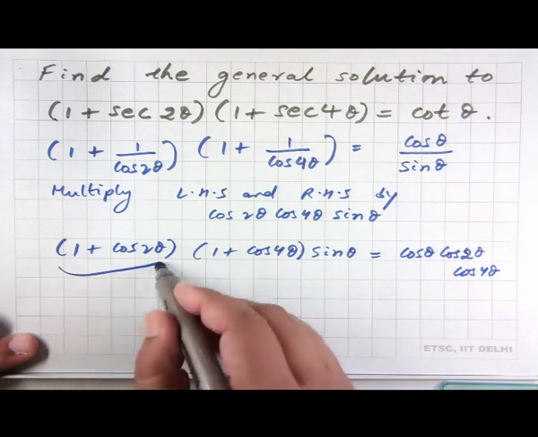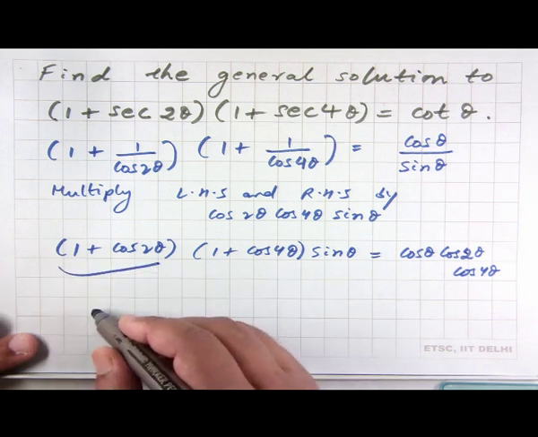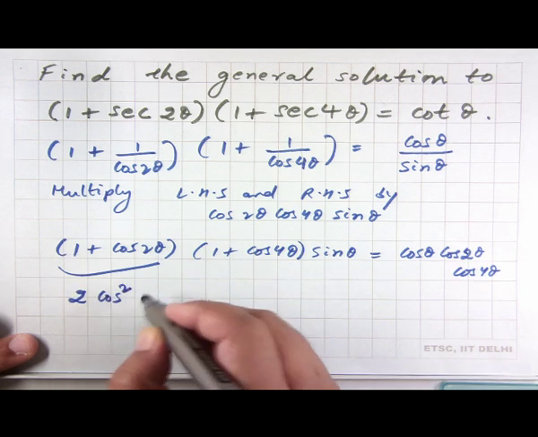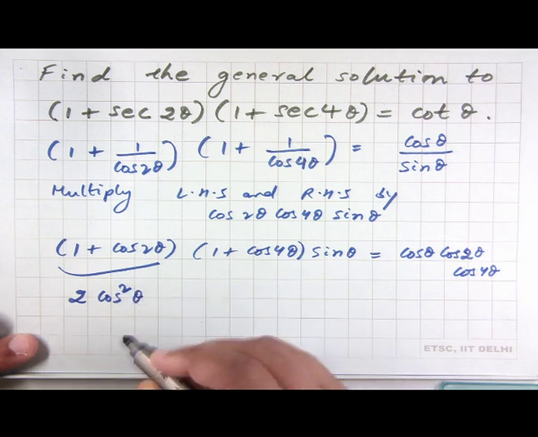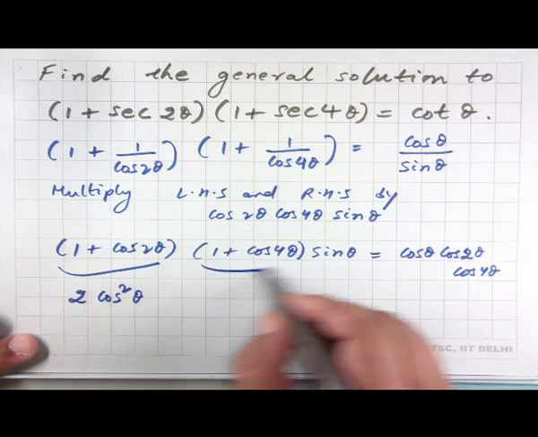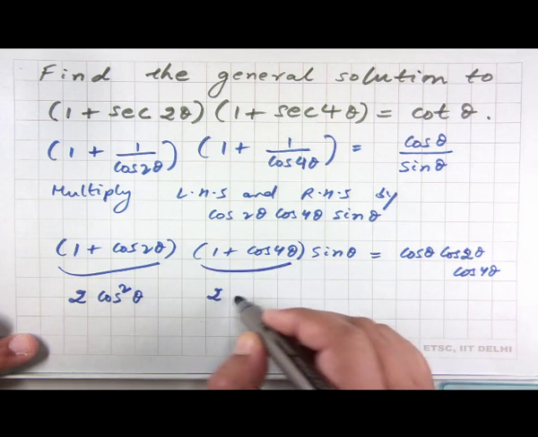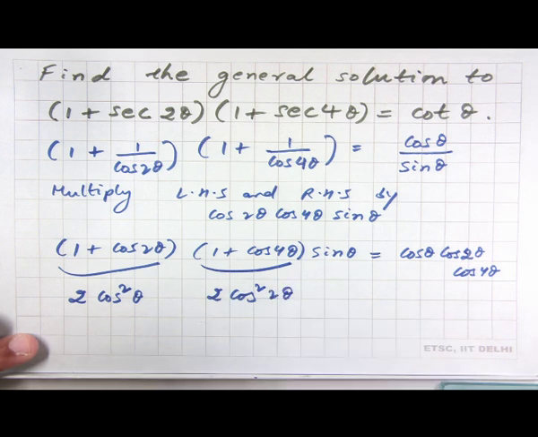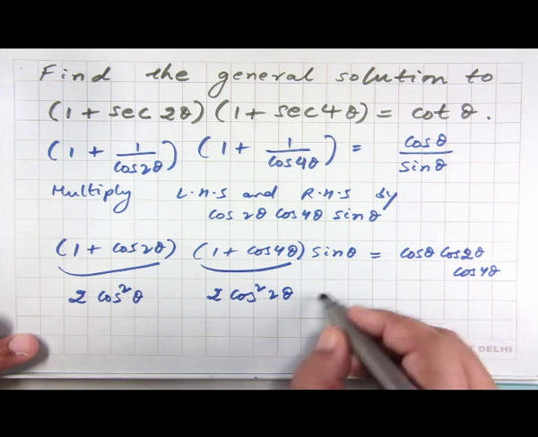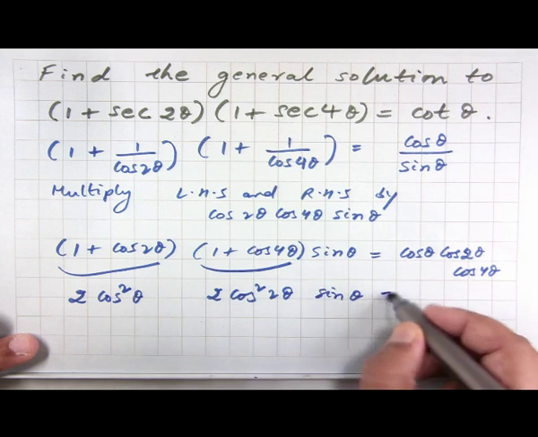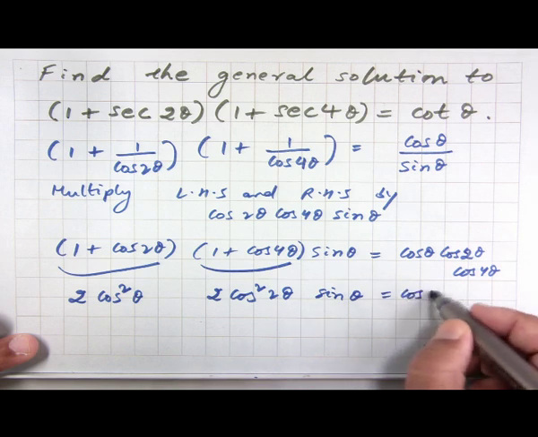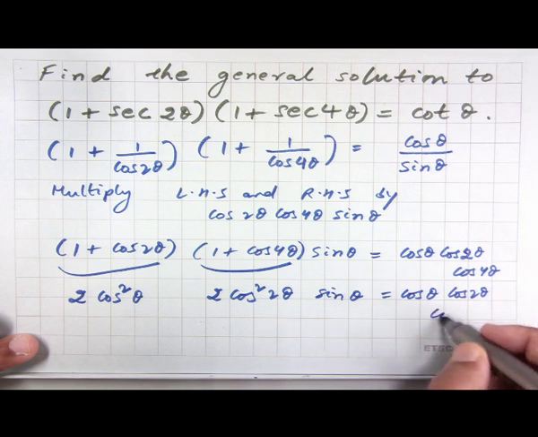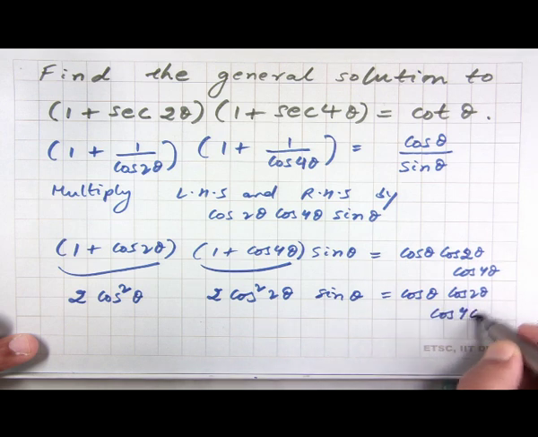This whole thing will be equal to 2 cos square theta, and this other expression will be equal to 2 cos square 2 theta times sin theta equals cos theta cos 2 theta cos 4 theta.